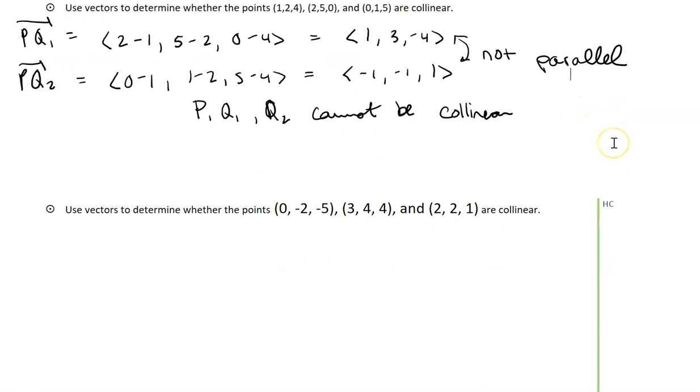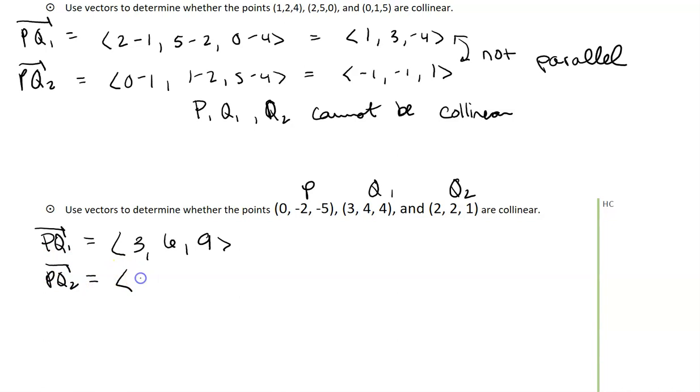Now let's look at another example. Here, if we let this be P, Q1, and Q2, PQ1 would be 3 minus 0, 4 minus negative 2, 4 minus negative 5 is 9. PQ2 would be 2 minus 0, 2 minus negative 2, and 1 minus negative 5. So I have 3, 6, 9, and I have 2, 4, and 6.